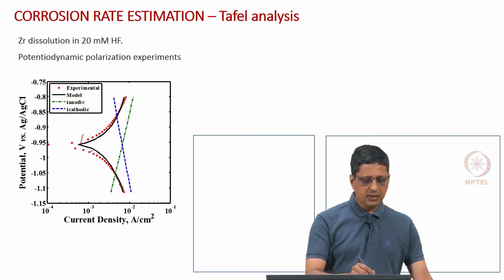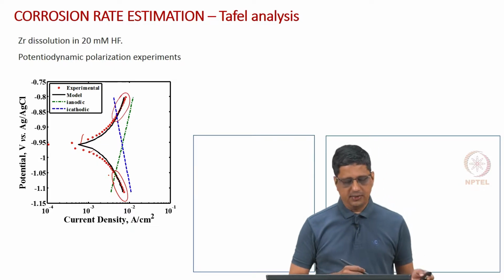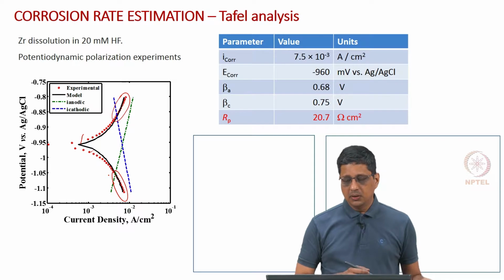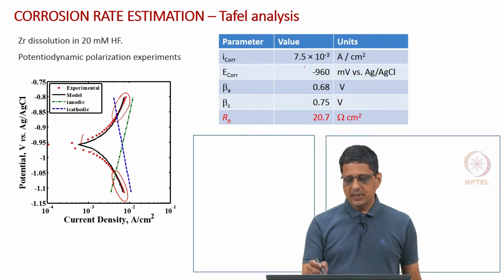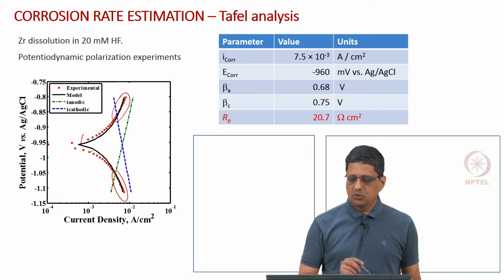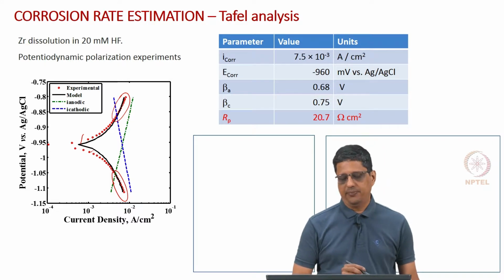Near this region it is deviating, that is not too bad, but even when the current is large, it shows some difference. And if you estimate the parameters, I corr is 7.5 milliamps per centimeter square, you get certain values for E corr, beta A, beta C, and the polarization resistance coming from this is nearly 21 ohm centimeter square.